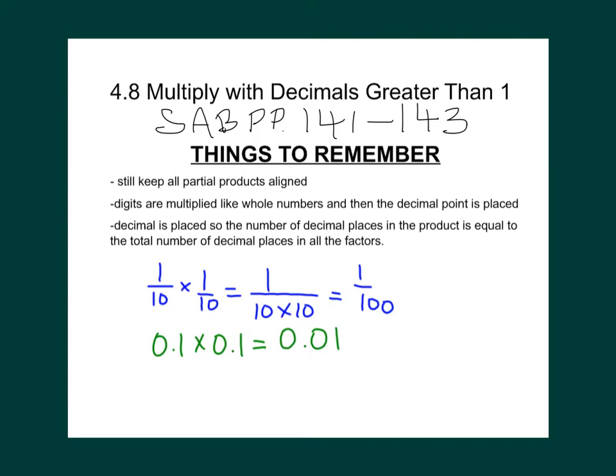For example, 1/10 times 1/10 equals 1/100th. You notice there's one place value here, one place value here, which means there's going to be 2 in the answer. So that's our little review.